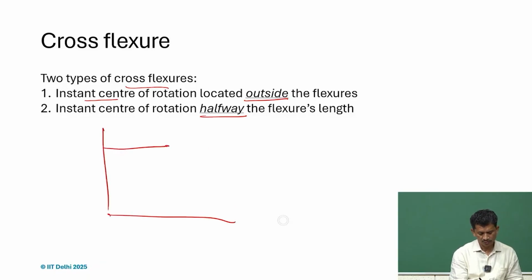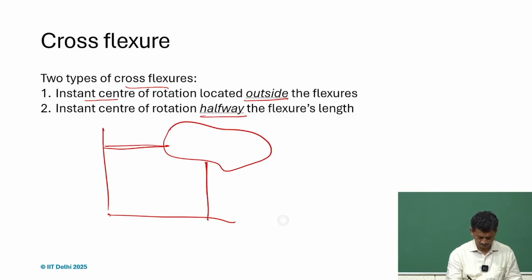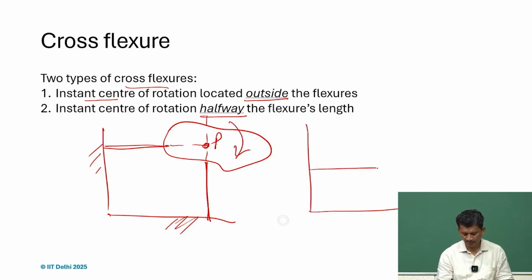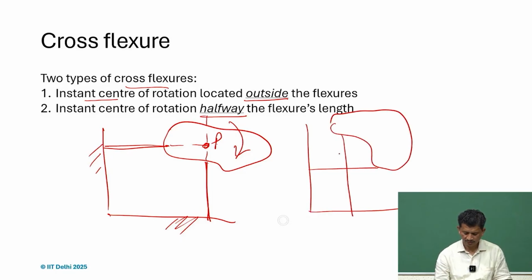So when it's outside, we have two flexures. If we extend them, this will be point P, and if we apply any moment to this body, it will be pivoted at point P. In the other one, if we have a body attached like this, we observe that point P is in the midway.